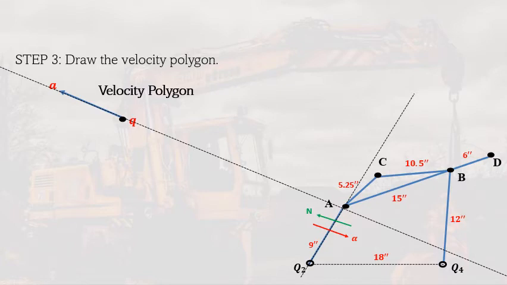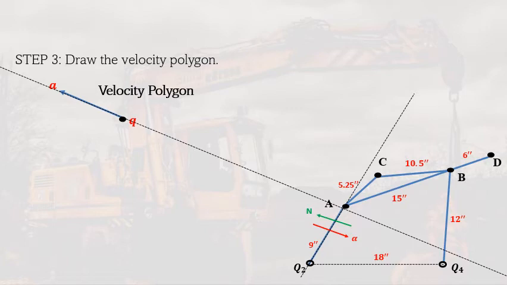If we know the direction of another point, then we can use the methods that we already know to get the absolute velocity also. Among the points B, C, and D, only one point has a known direction of velocity, and that is point B. How do we know that?